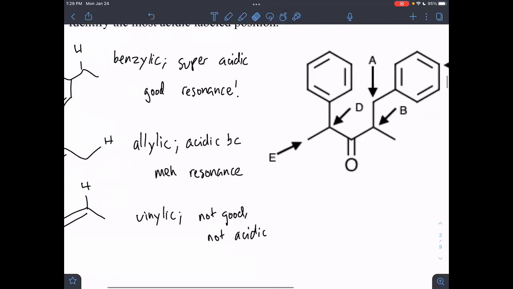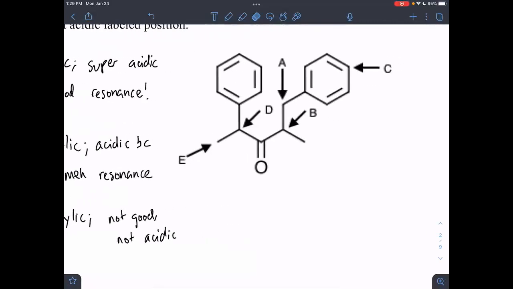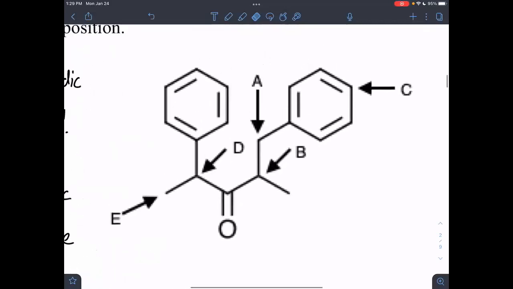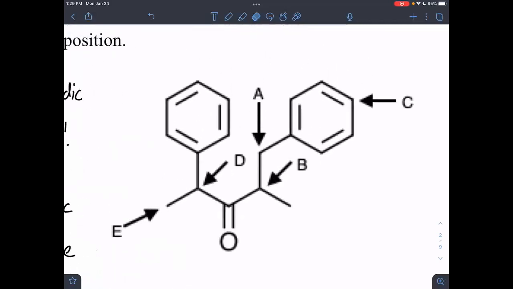But knowing that, let's talk about this. So we have a bunch of protons. Let's start labeling their positions. So A is going to be what kind? Yep. And that's pretty good, right?